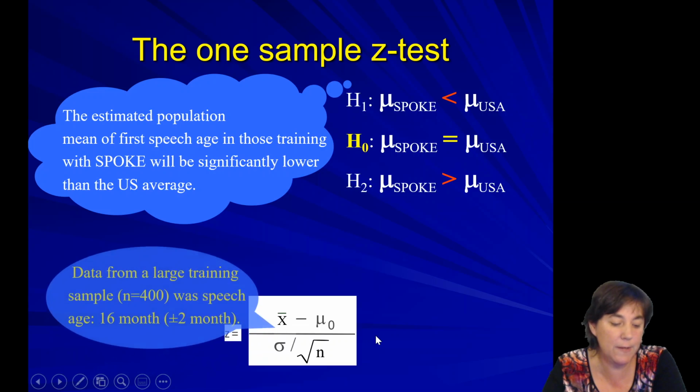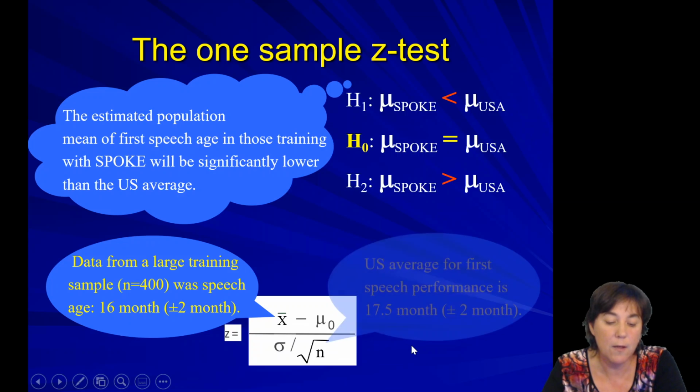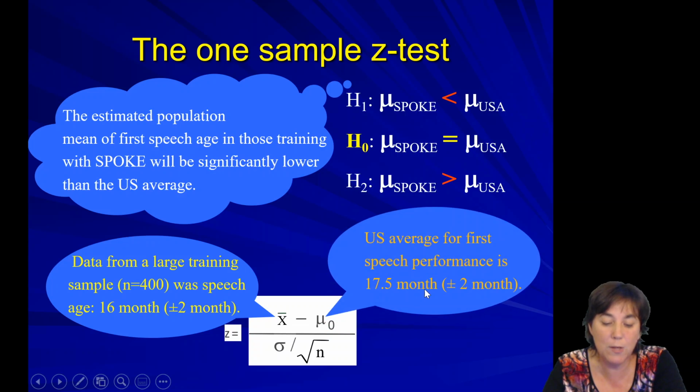Then we have the data from the large training sample, which gave us the result of 16 months on average. That goes here. We have the 17.5 months from the US sample, plus minus 2 months, goes down here. This is the population deviation.